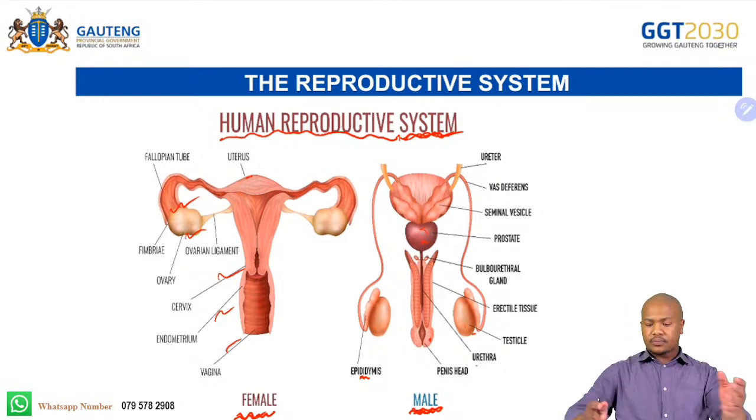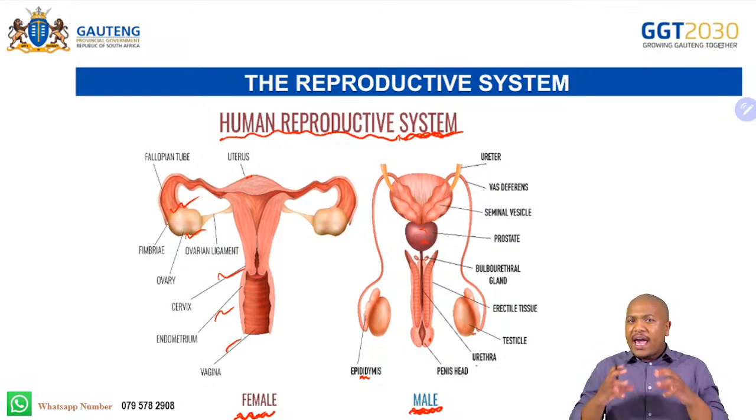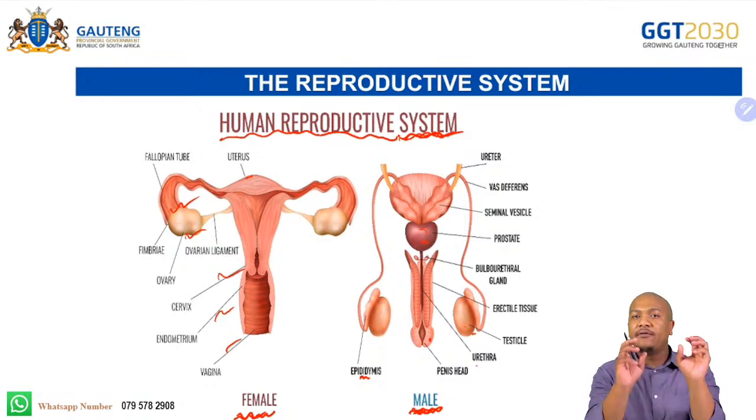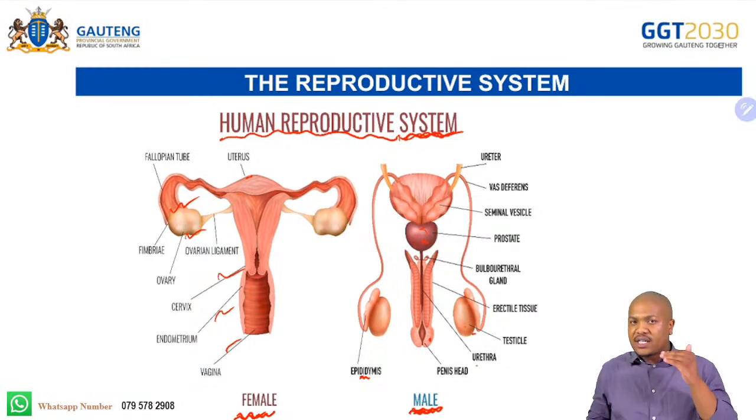So now, if you look at these systems, they are both different from each other, and each system has different organs in it, but they're all working together to ensure the production of offspring, right? That's our focus for today, talking more about the reproductive systems of the male and the female.